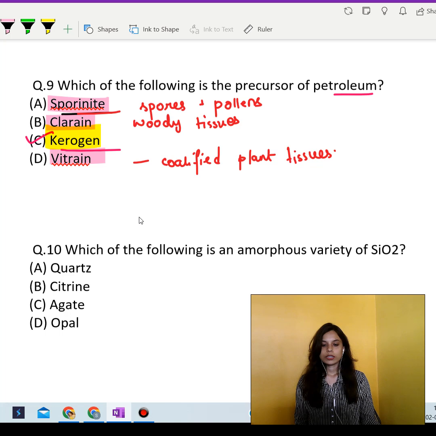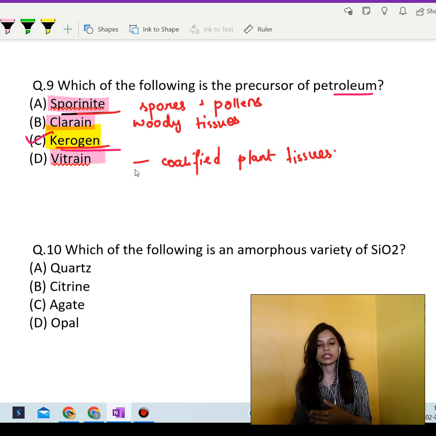Okay. So we have already chosen kerogen as the correct answer. While these maceral groups, the options that I haven't chosen, contribute to the formation of kerogen, they are not the precursor themselves. And here, kerogen is the organic material that undergoes the transformation process to yield the petroleum.